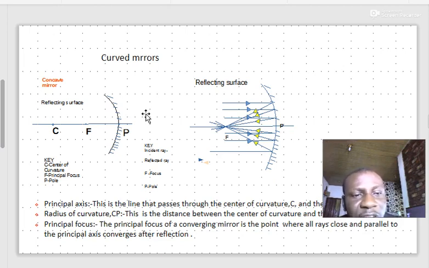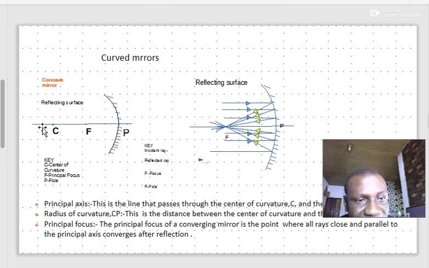So therefore, this mirror has a radius of curvature. The radius of curvature is a distance. There is a point on this mirror called the center of curvature, not radius of curvature. Pardon me. That point is a portion of the sphere from which the mirror was cut.